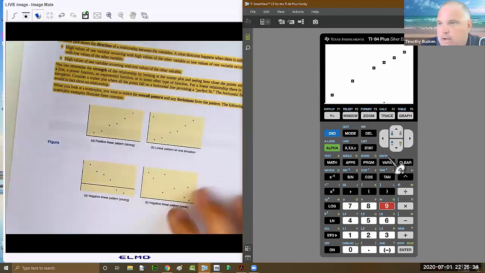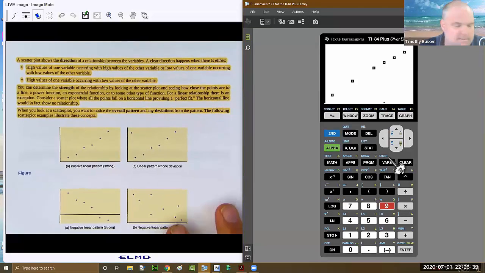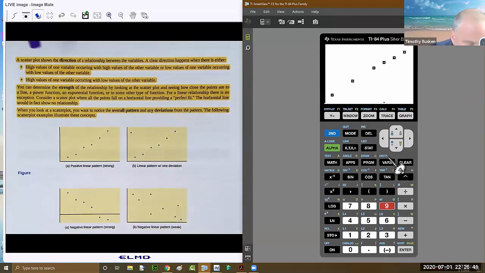So moving right along, going back to scatter plots and visually inspecting them. The scatter plots will show the direction of a relationship between the variables.